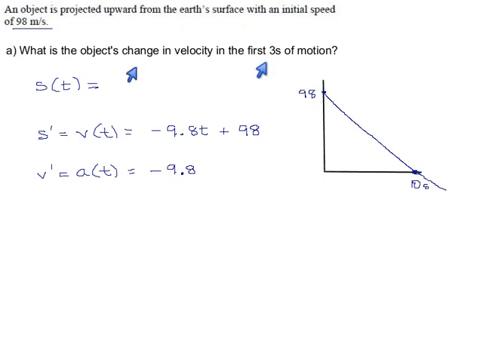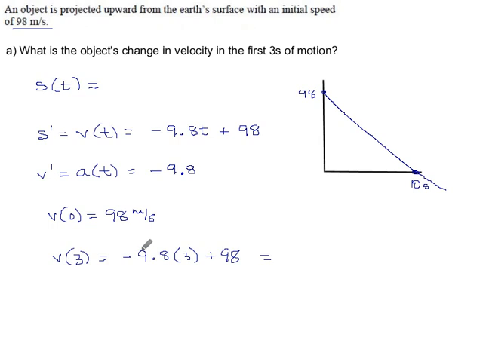So for the velocity in the first 3 seconds, well, we already know that the velocity at time 0 was 98 meters per second. We were handed that. The next thing we need is how fast is it going at 3 seconds? And thanks to this formula, we can simply take 3, plug it in here, and that will give us the 3-second velocity. Minus 9.8 times 3 plus 98.